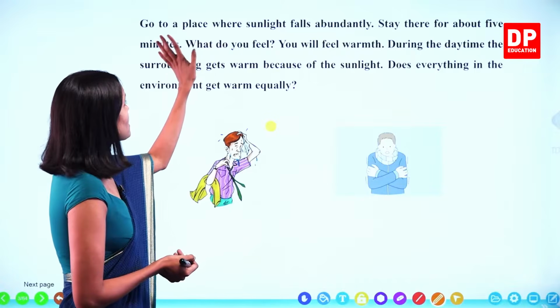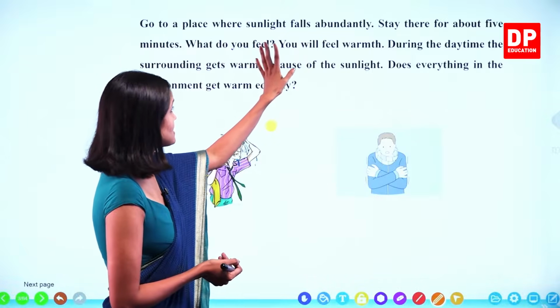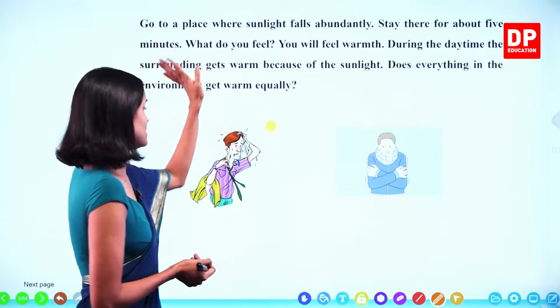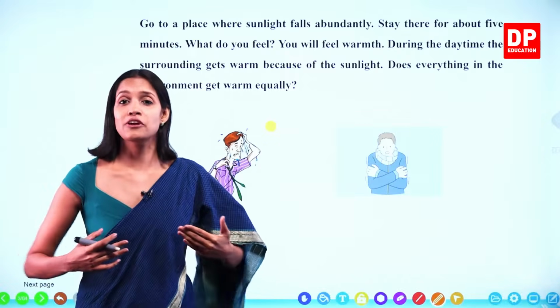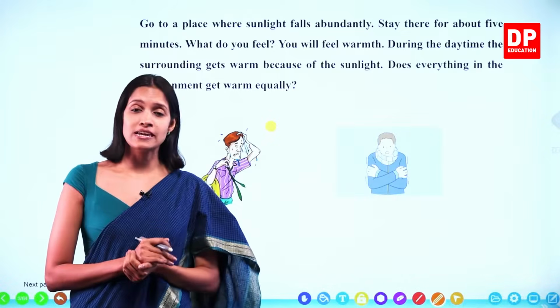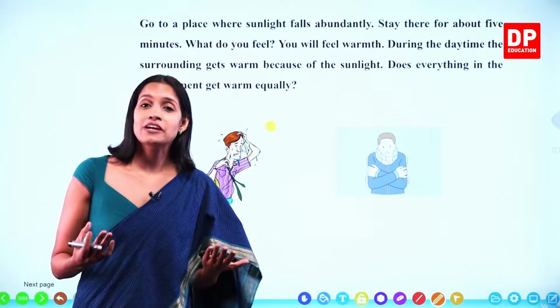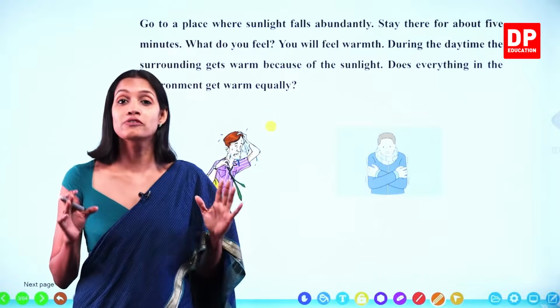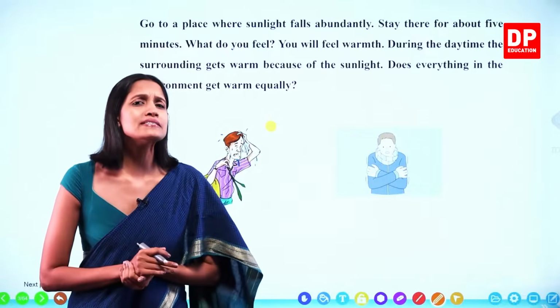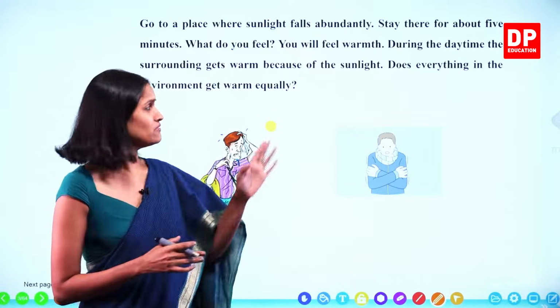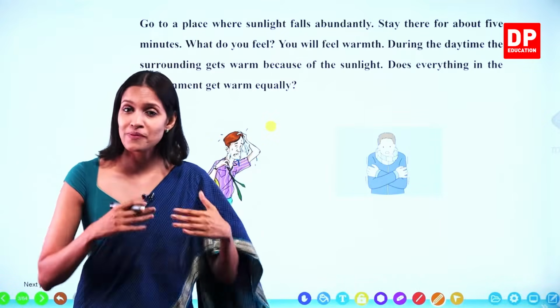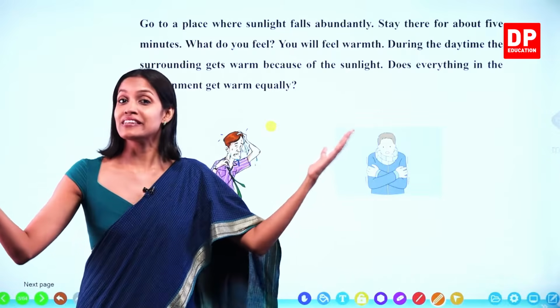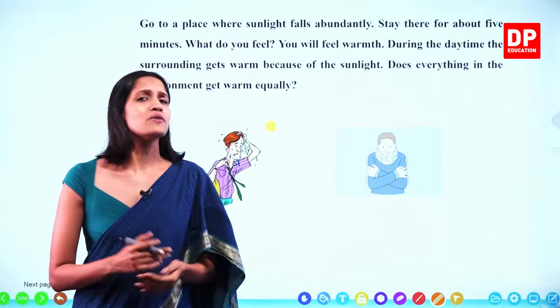We'll go through this. Go to a place where sunlight falls abundantly. Stay there for about 5 minutes. Now let us think, when we go to the playground during the daytime and you are playing, what will happen? You will feel tired and after a little while you will start sweating. What is the reason for sweating, children? Even if you don't play, just by standing outside when there is a lot of sunlight, what will happen?